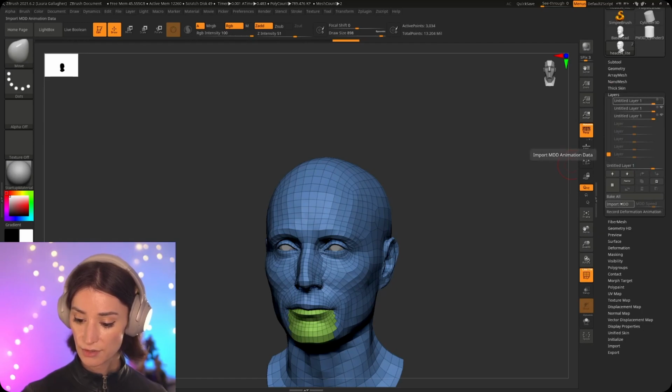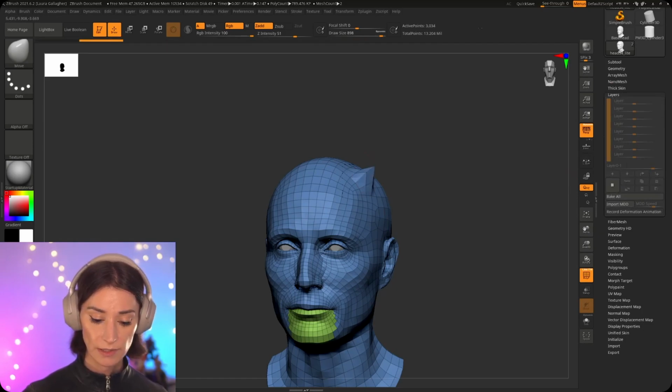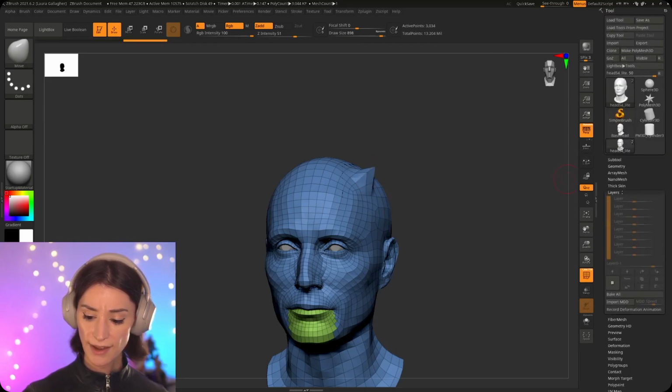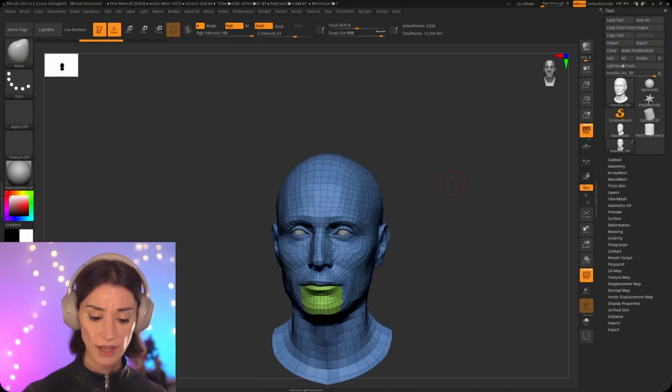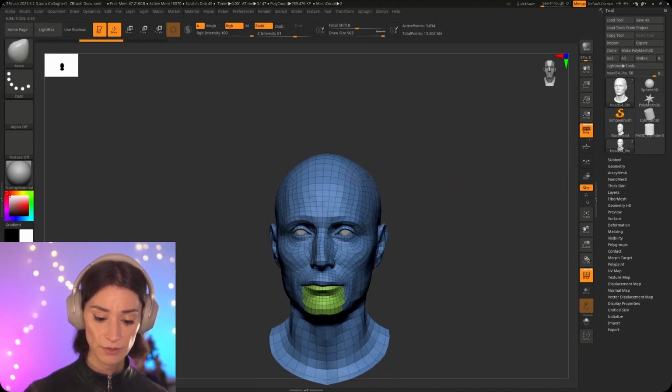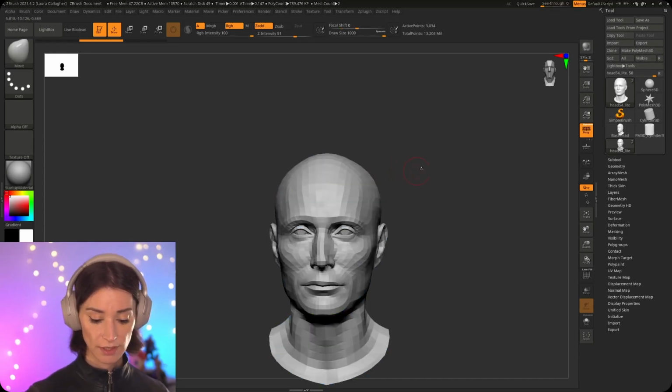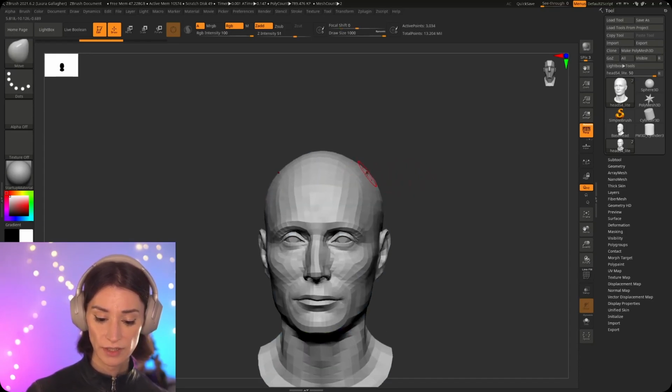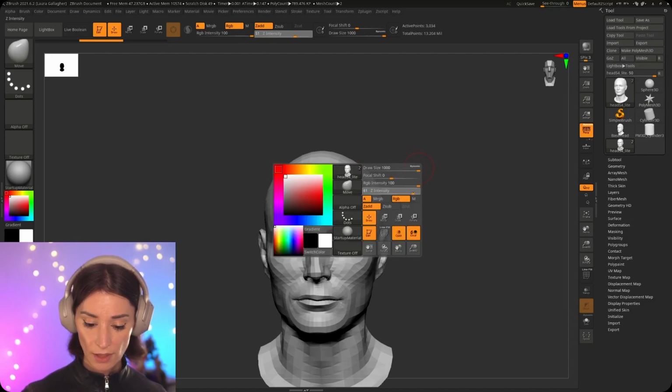So let me just do something here. And yeah, so, as if I was like, okay, I want to add some cat ears to Mads Mikkelsen because everything is better when there is cat ears on top of that.